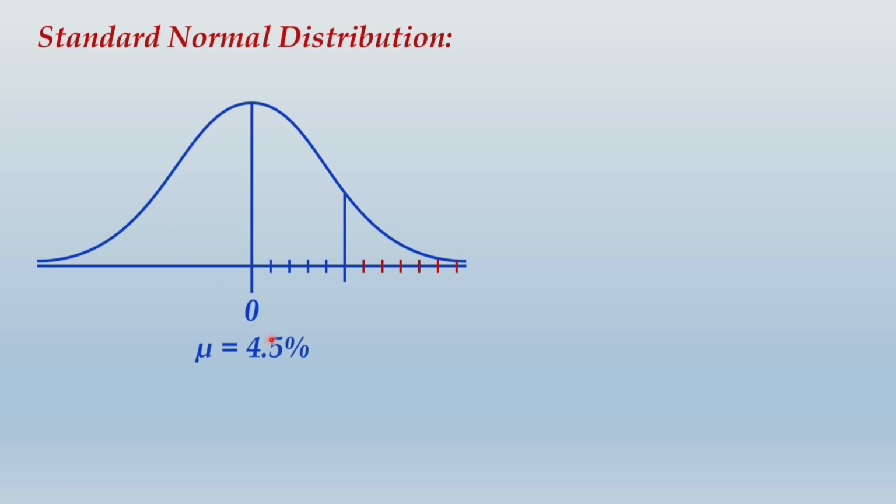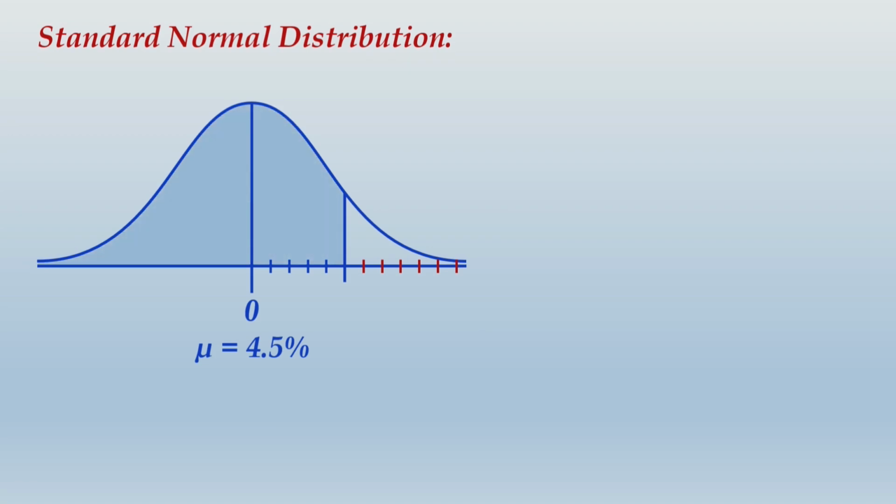Now if mu is found to be 4.5% or less, you fail to reject the null hypothesis, and if it is found to be greater than 4.5%, then also you fail to reject the null hypothesis if the difference is not significant. However, if the difference is significant and falls in this critical region, then you will have to reject the null hypothesis in favor of the alternate hypothesis.